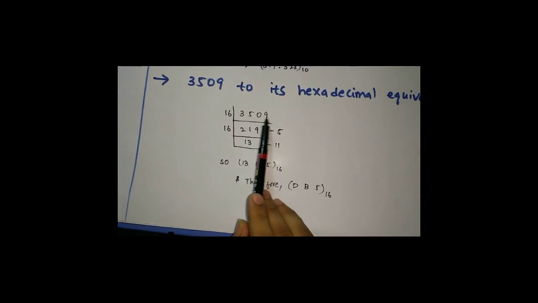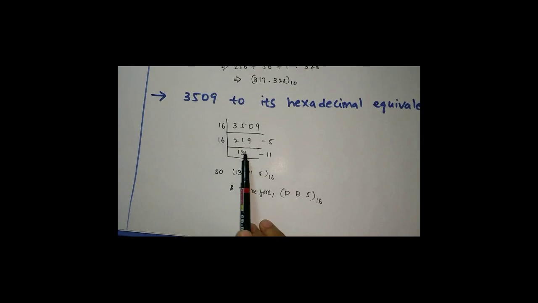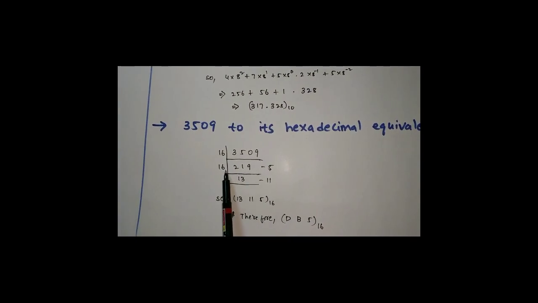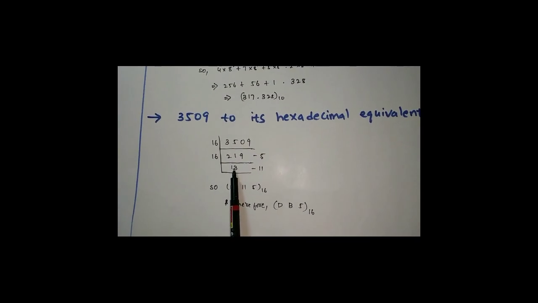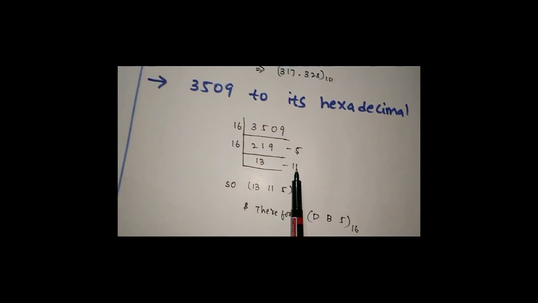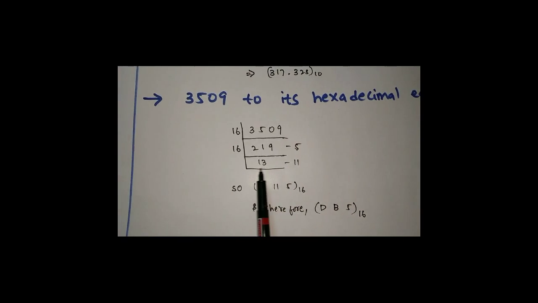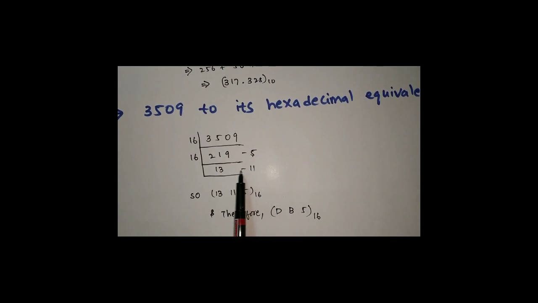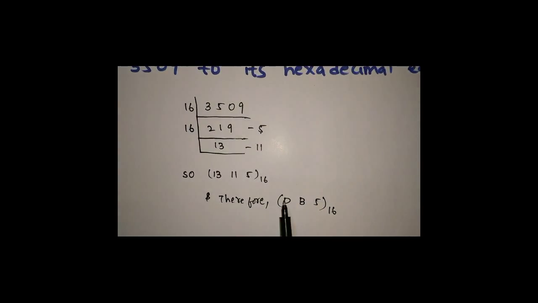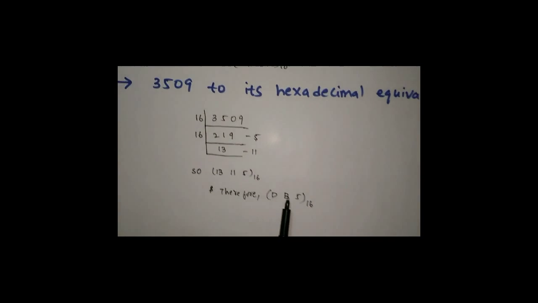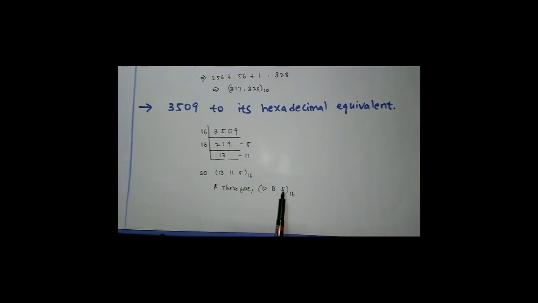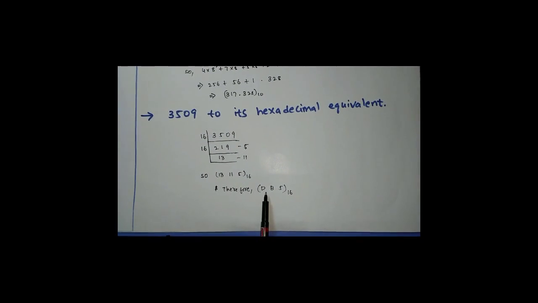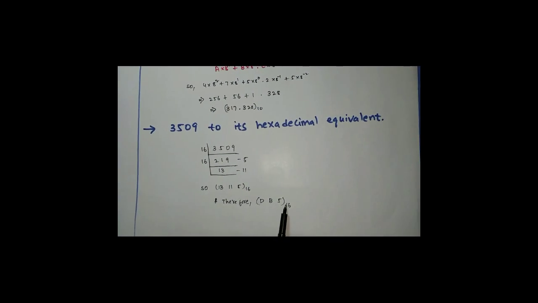So for 3509 we do the division, we get 219, remainder 5, and for 219 we divide by 16, so 13, and the remainder is 11. Now we go from down to up, so 13, 11, 5, but we have already discussed the corresponding value of 13 is D, and the corresponding value of 11 is B, and the corresponding value of 5 is 5 only. So in hexadecimal equivalent, D, B, 5 to the base 16.